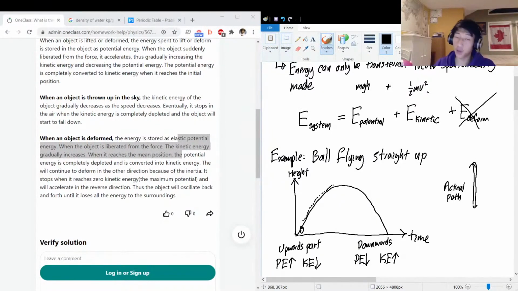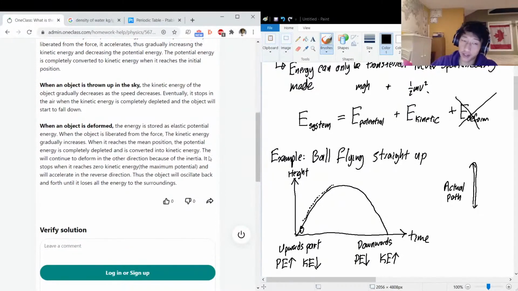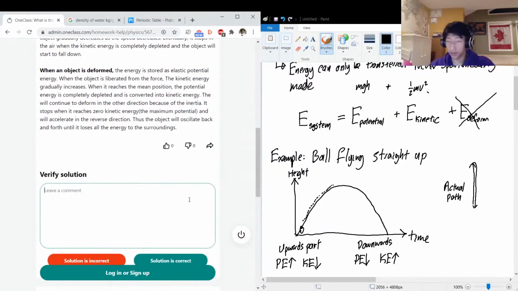But in situations where things are compressing, you will have an energy of deformation, but typically you won't see that unless you're very interested in mechanical design. If you're interested in mechanical design, this stuff will be quite useful. Because sometimes for cars, you want them to deform.